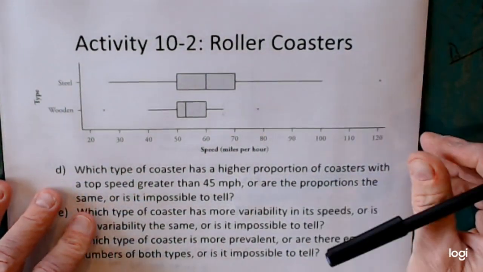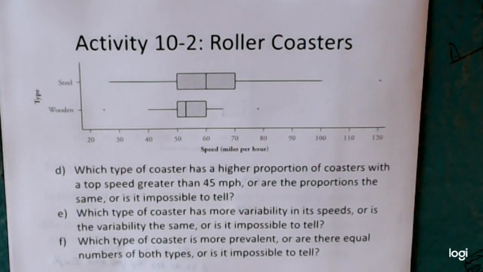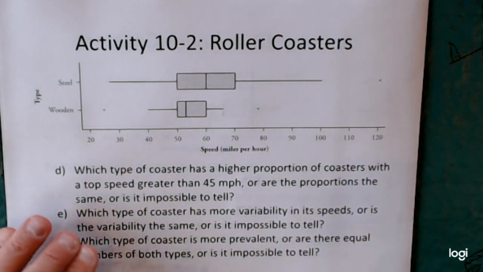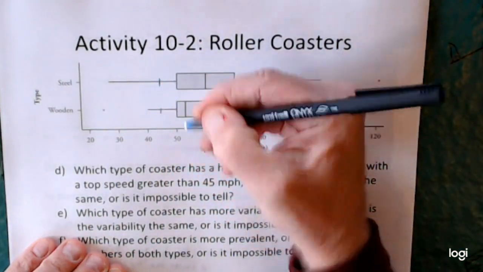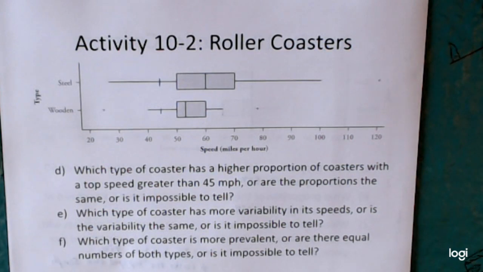Which type of coaster has a higher proportion of coasters with a top speed greater than 45 miles per hour, or are the proportions the same, or is it impossible to tell? Okay, so let's try 45 miles per hour. Do we know?